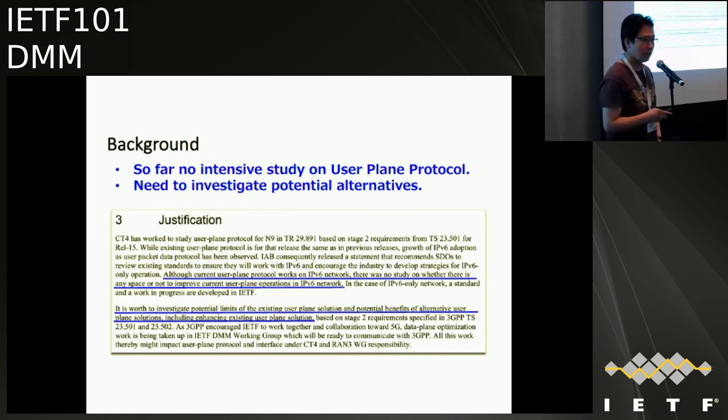The background here is that so far there's been no intensive study on user plane protocol, while in 5G there was a drastic change on the control plane side, moving to the SBA. During that, we can see a lot of IPv6 adoption in the production network. That may introduce a lot of space to improve user plane operation in the IPv6 network.